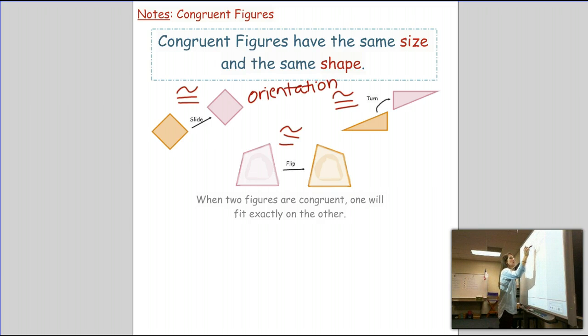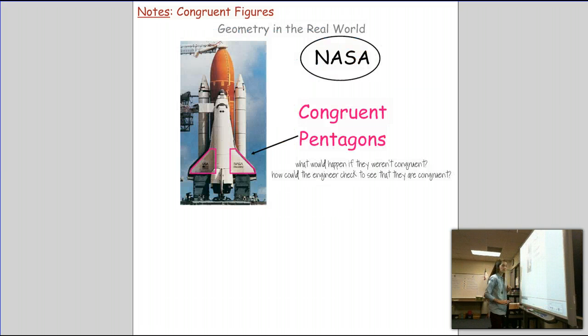Orientation does not matter. The size matters. The shape matters. The only thing that doesn't matter is the orientation. You can flip that thing around as long as it's congruent to the original. Okay, I've said enough about that.